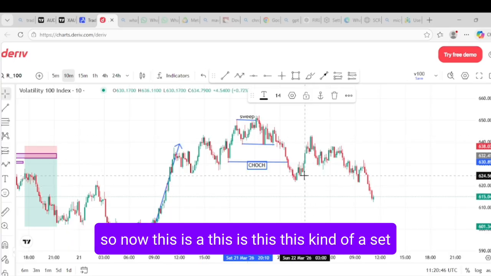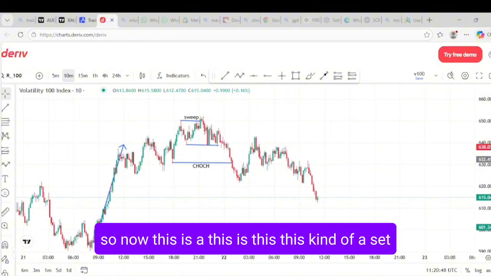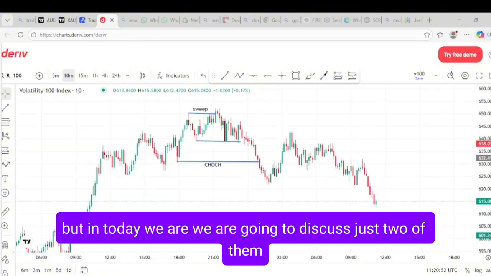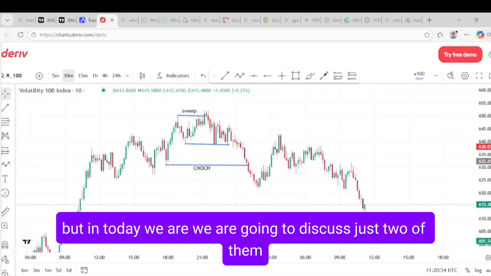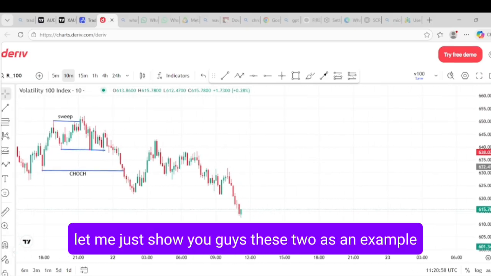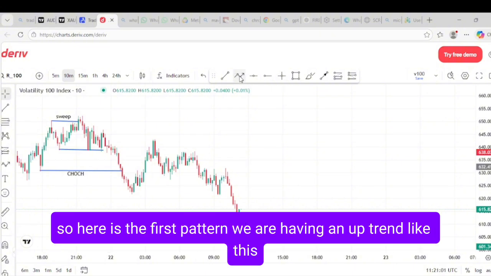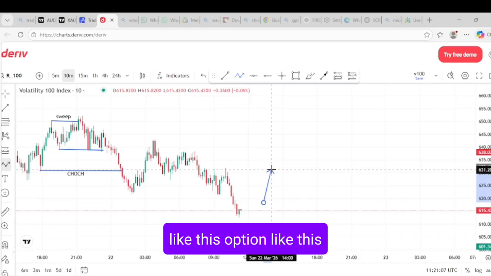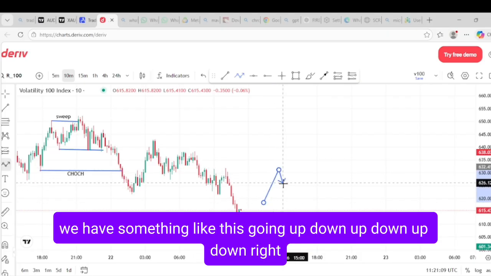This kind of setup has two formations, but today we are going to discuss just two of them. Let me show you these two as an example. Here is the first pattern. We have an uptrend like this, going up, down, up, down, up, down.